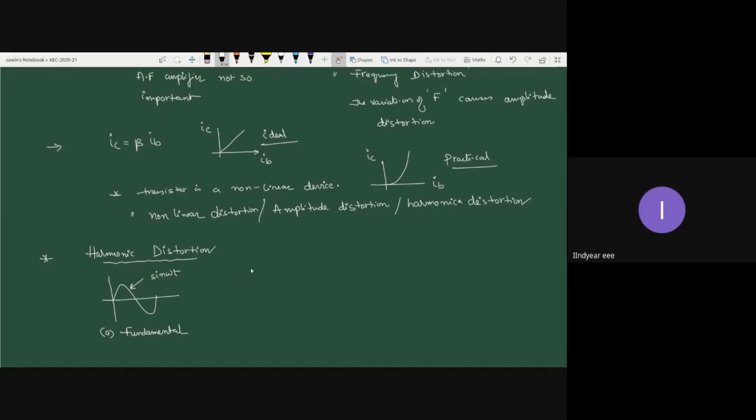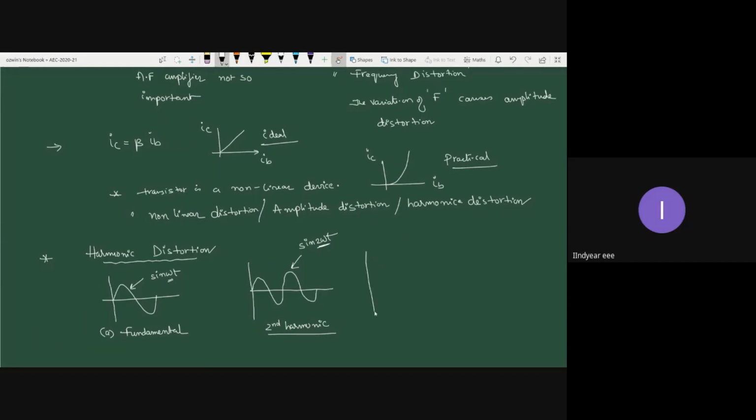Now, let's say the output is of this kind, consisting of a second order component. This is called the second harmonic component. How do you identify the second harmonic component? You just observe the frequency. The frequency is 2 omega, where omega is the fundamental frequency. So 2 times the fundamental frequency, hence it is second order harmonic.